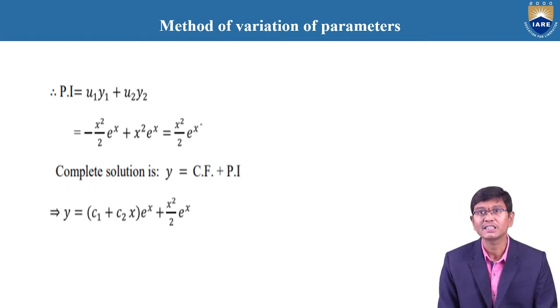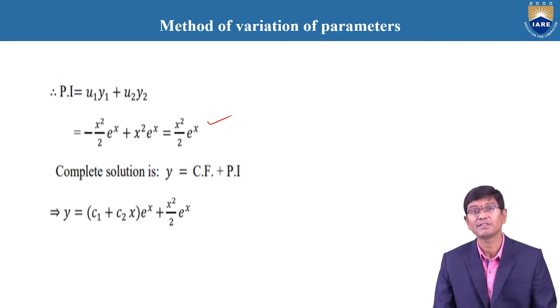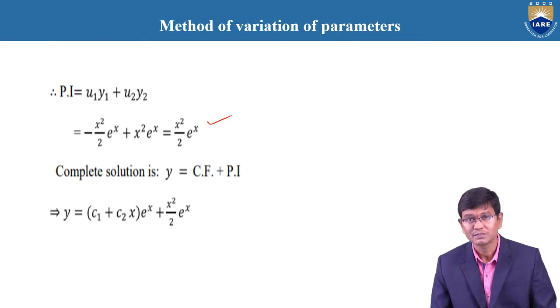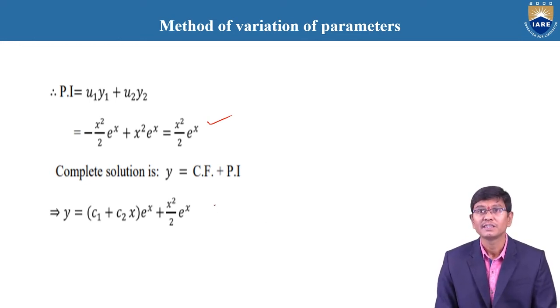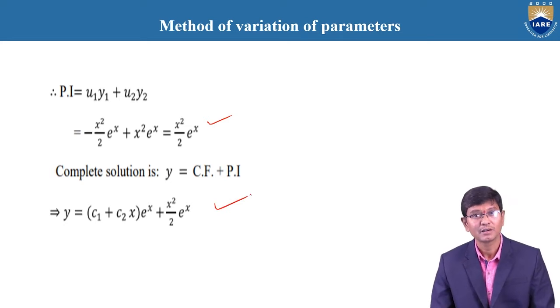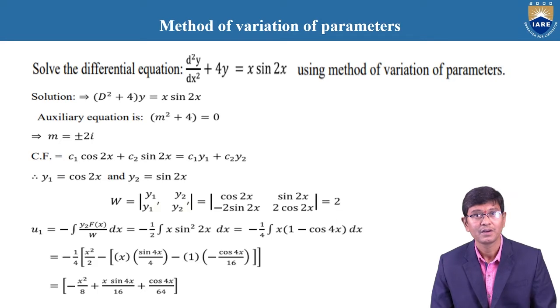Therefore, the particular integral is x square by 2 into e power x. The complete solution of the given differential equation is the complementary function plus the particular integral, that is c1 plus c2 x into e power x plus x square by 2 into e power x.